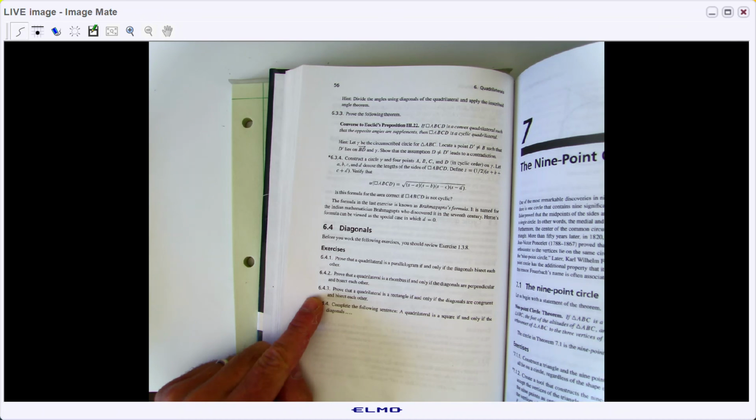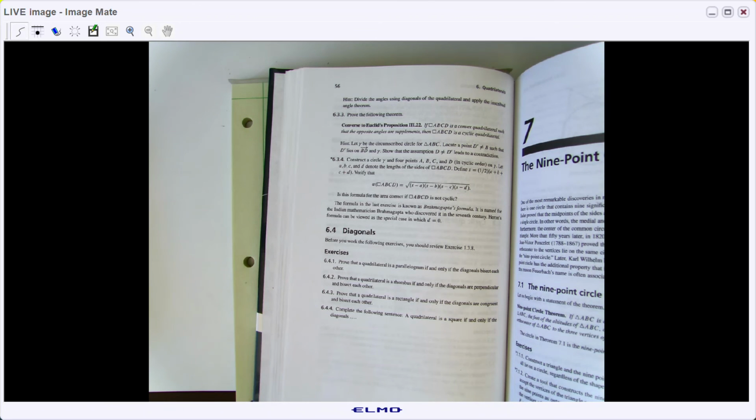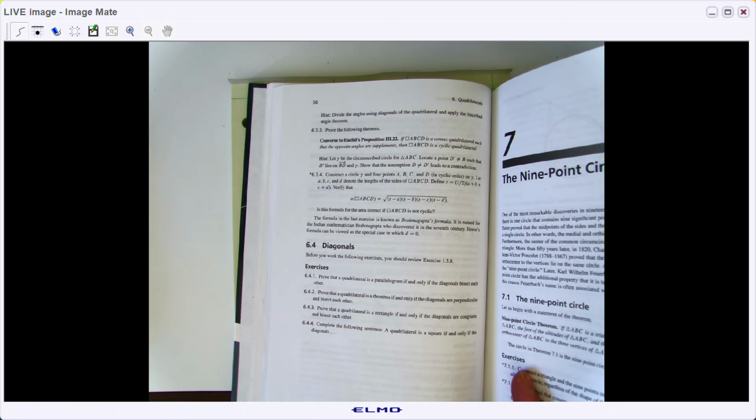A rhombus, of course, is not defined as a parallelogram, and neither is a rectangle. A rhombus is just a quadrilateral whose four sides are congruent, and a rectangle is defined as a quadrilateral. Let me just think here.